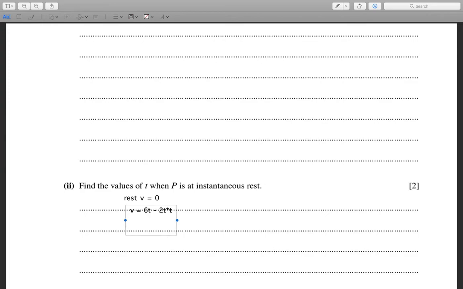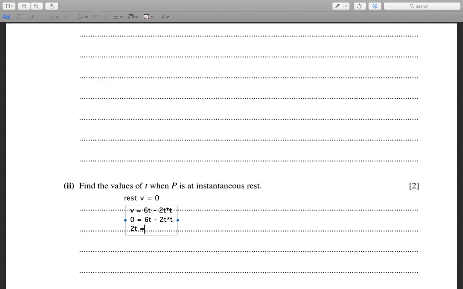If v becomes 0, it means 6t minus 2t times t equals 0, so 2t equals 6.